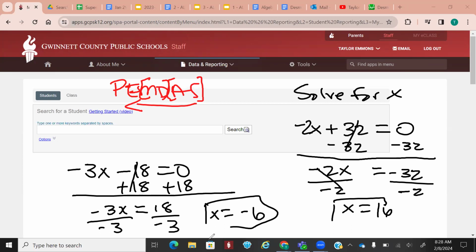Questions about that one? Yep. Okay, because a negative times a negative equals a positive, right? And a negative times a positive equals a negative. Agreed?